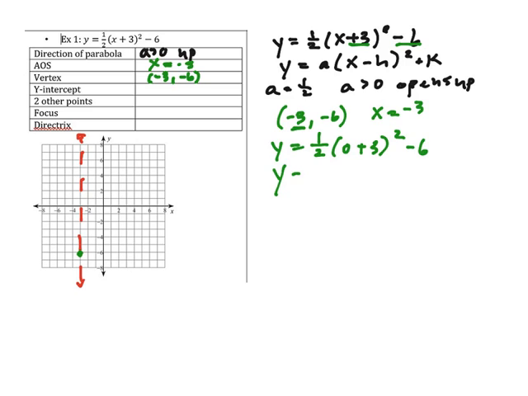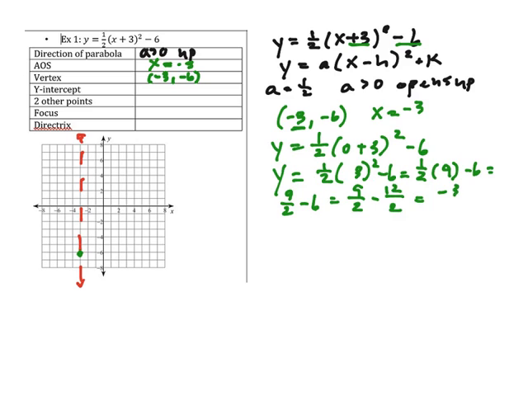So y equals 1/2 times 3 squared minus 6, which equals 1/2 times 9 minus 6, which equals 9/2 minus 6. Find the common denominator, that's 12/2, which equals -3/2, which is the same thing as -1.5. So that's our y-intercept.